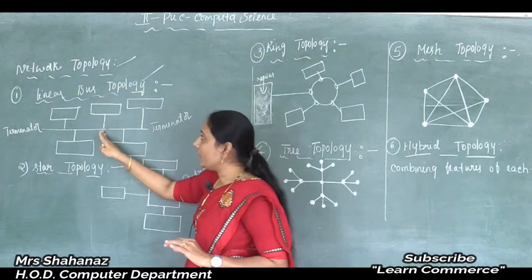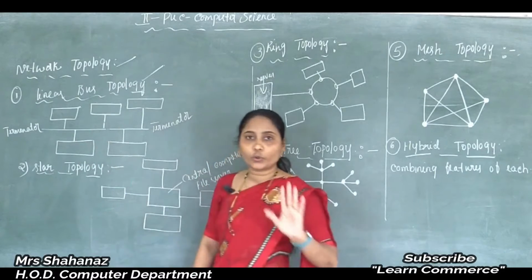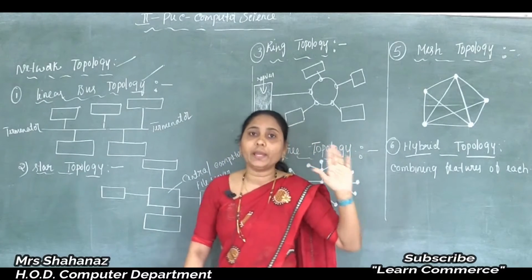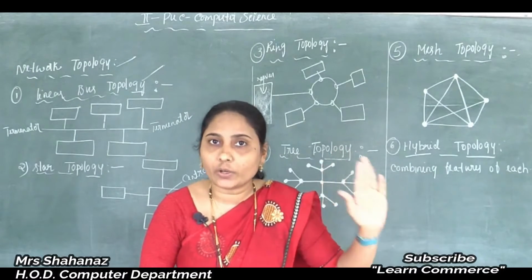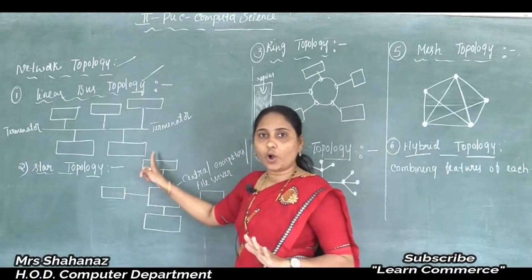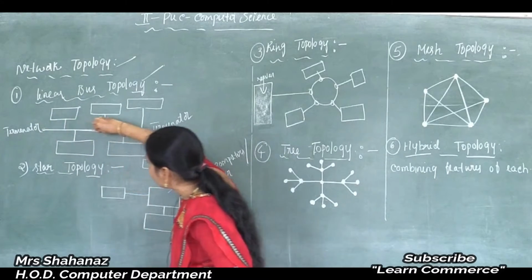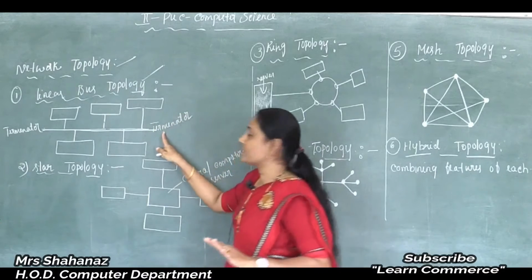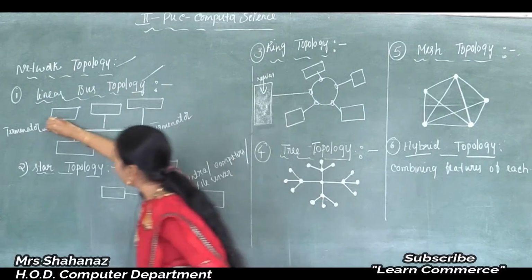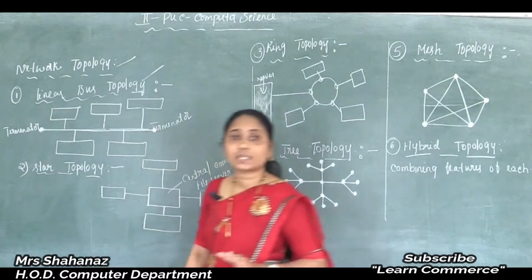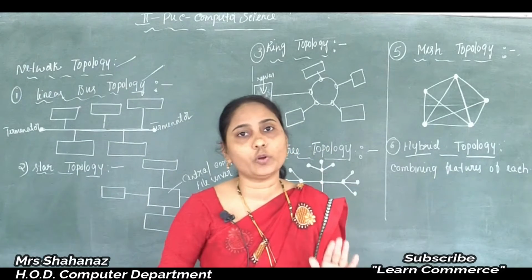In this linear bus topology there are 1, 2, 3, 4, 5, total 5 computers, and all the nodes are connected to a common straight cable. Clear this point? This is called the common straight cable. Here I have written the terminator. This one is the terminator, and this one is also a terminator, the end of the cable. Clear? Okay, we know about this.